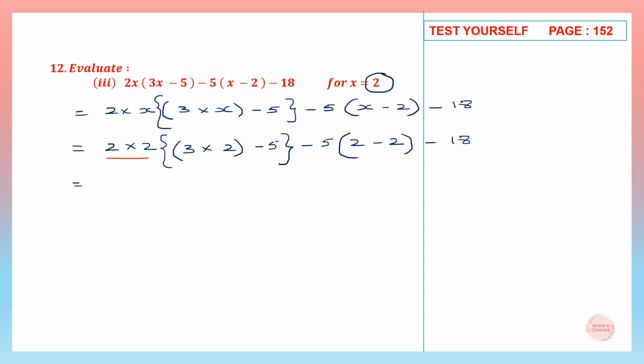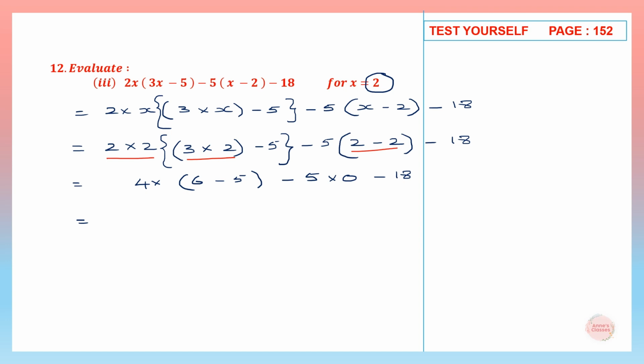So here we have 2 into 2. So that becomes 4 and into. Okay. Here we have 3 into 2. 3 2s are 6. 6 minus 5. This is within brackets. Minus 5. Now here let's do this. Now 2 minus 2 is 0. That means 5 into 0 minus 18.